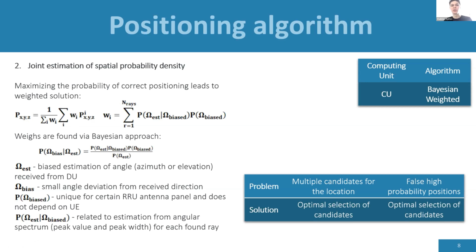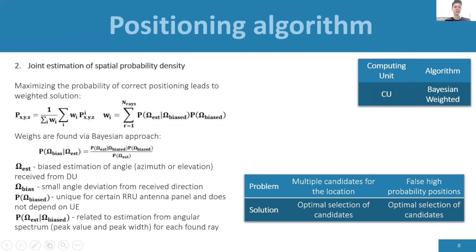If we have a max-min problem, we will find that the Bayesian approach will be the best in this case, and the weight can be found in this manner.